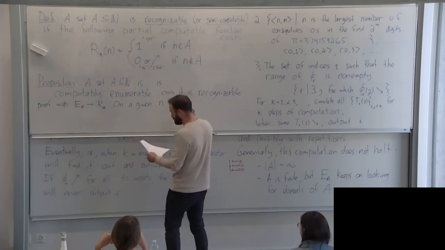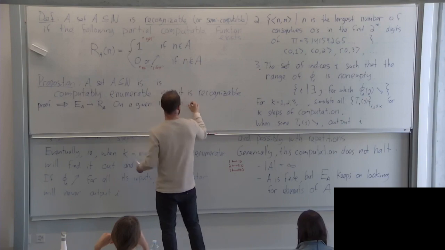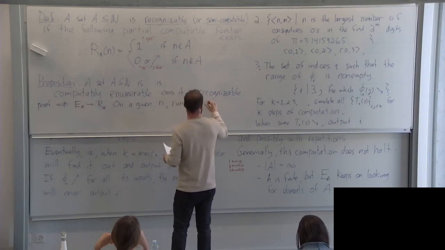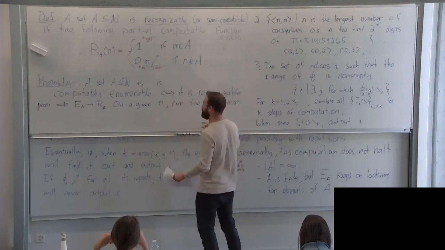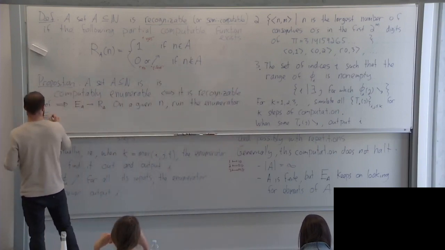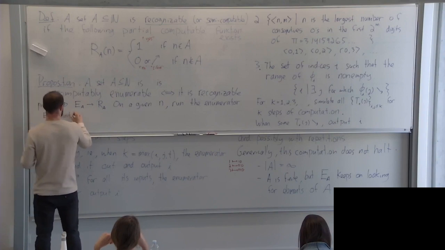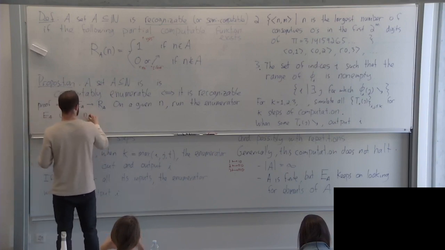On a given input n, run the enumerator EA until n is outputted.